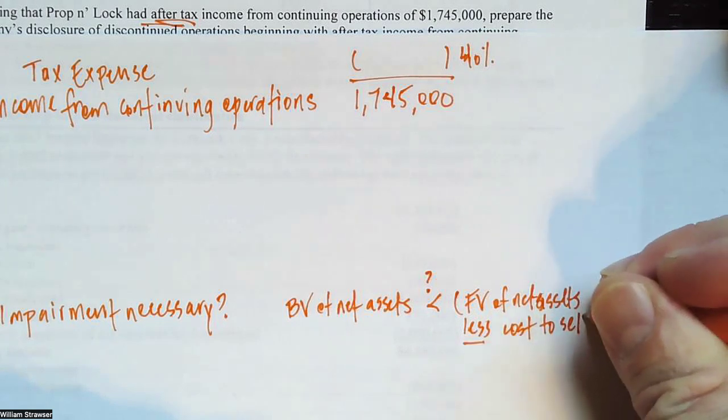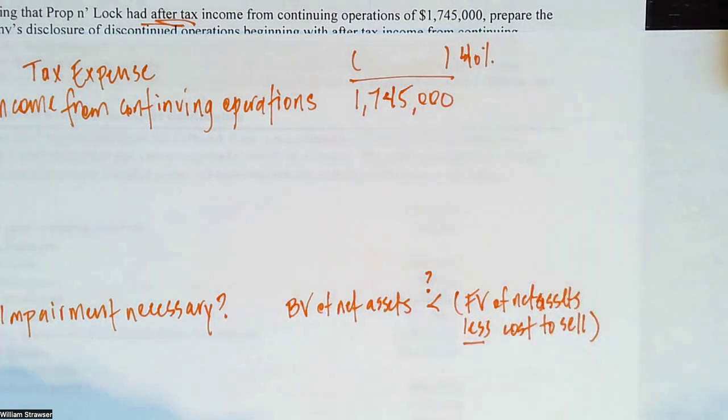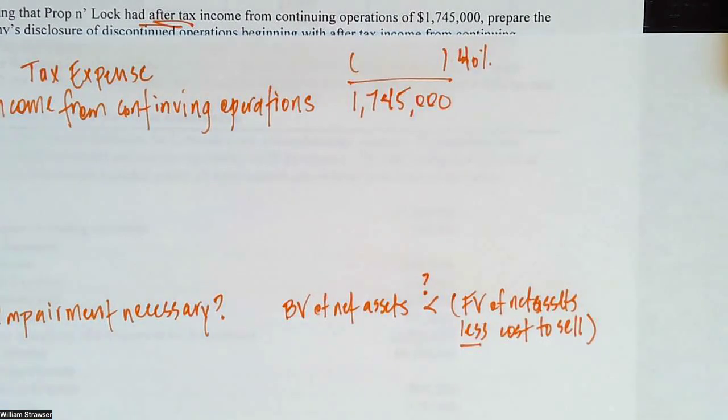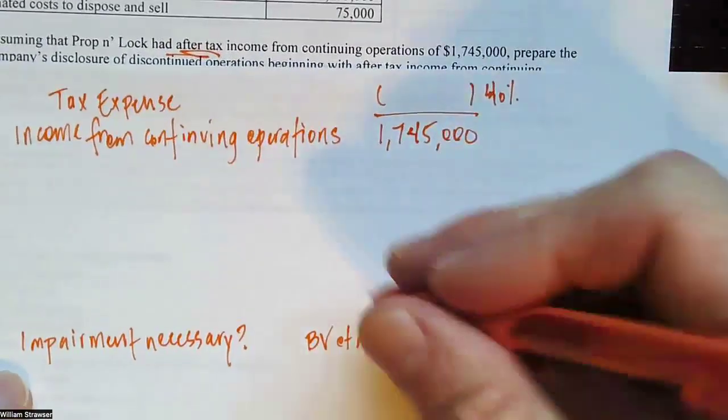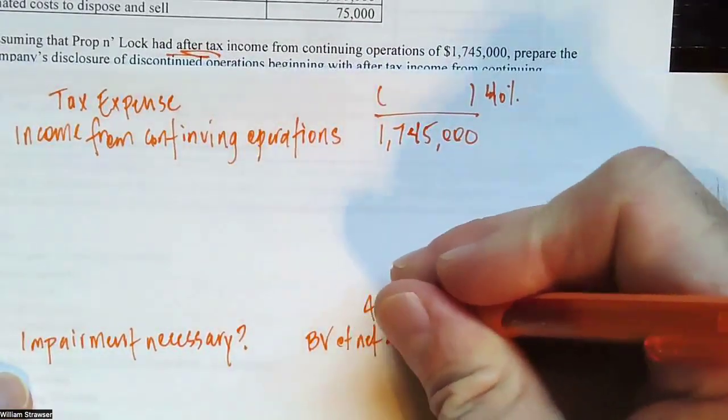So we want to take the whole quantity, right, of the fair value of net assets less the cost to sell. So net assets are assets less liabilities.